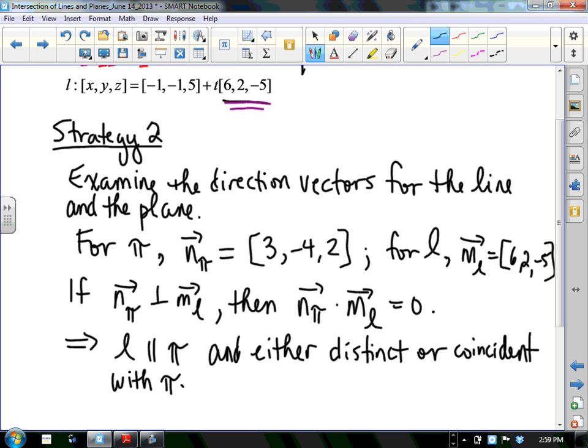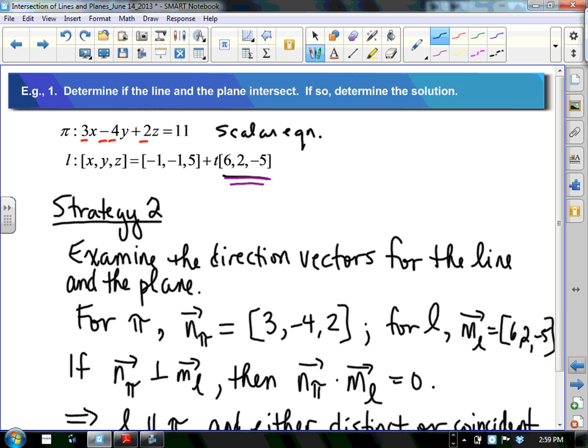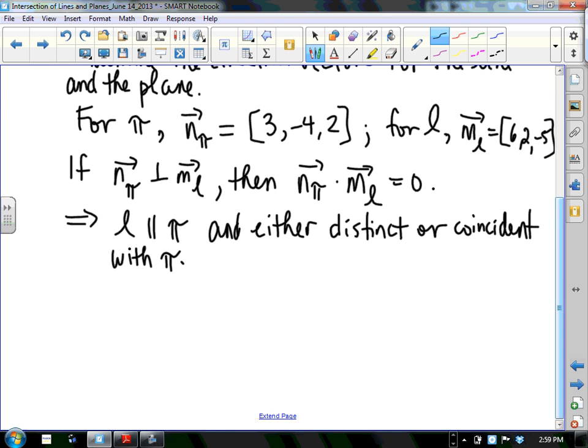Okay, so let's go ahead and look at the dot product just to make sure that we do have this. Let's see, n sub pi dot m sub L, and let's write the vector down.